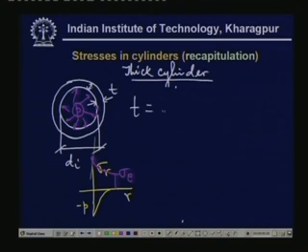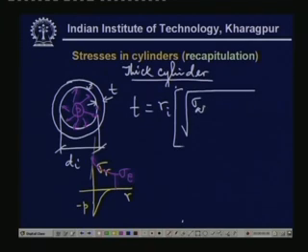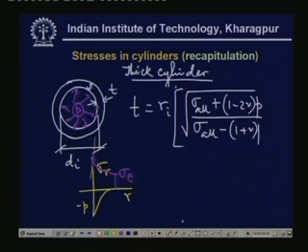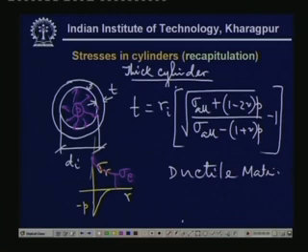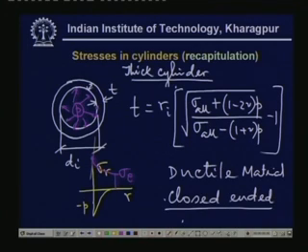That is, here T is equal to Ri times under root sigma allowable plus 1 minus 2 nu times P divided by sigma allowable minus 1 plus nu times P, minus 1. So, this is again for the ductile material, and this is closed-ended. That is very important. Whenever we have such conditions, we can get the proper thickness for which the cylinder is able to sustain this particular pressure P.